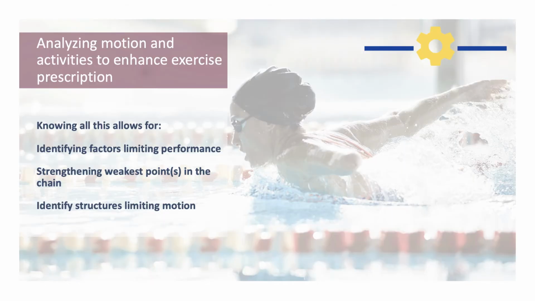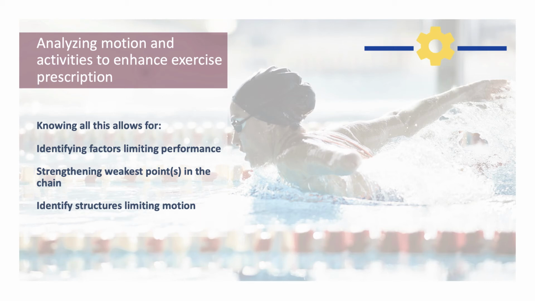So knowing all of these factors allows us to identify the factor that may be limiting performance in your particular client. We might identify that, hey, it's hip weakness that really is the factor holding them back, or it's aerobic capacity, or it's availability of ATP, and so on. So by identifying the weakest points in this whole system, we can target those points for performance by prescribing the appropriate exercises.